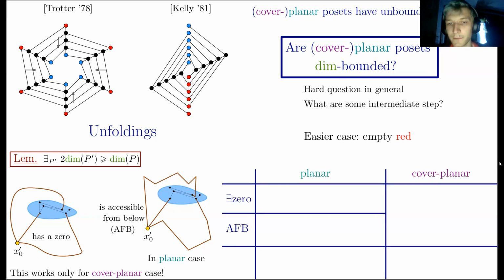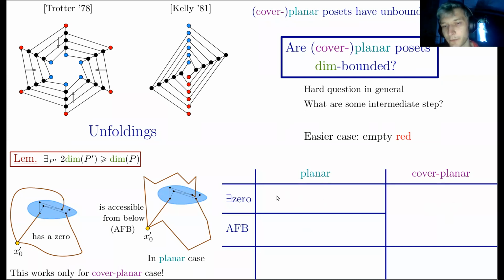All this discussion leads us to the following table. We have a planar case, a cover planar case, and these two assumptions. So accessible from below in planar is analogous to having zero in cover planar.